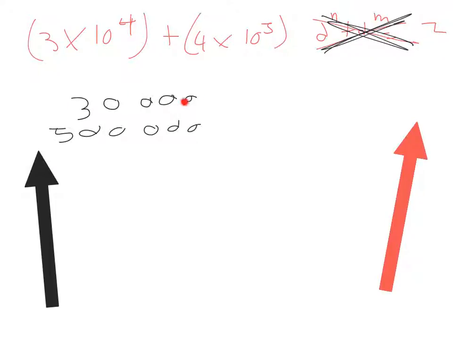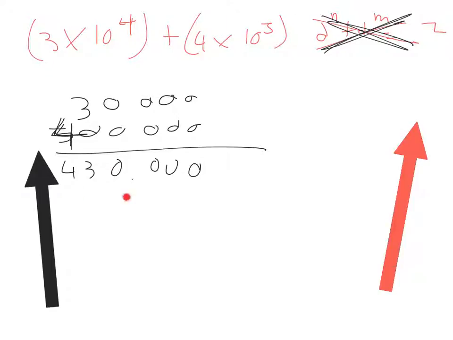To be clear, this one is this number and this one is this number. Now we have to sum these two together: 0 plus 0 is 0, 0, 0, 0, 3 plus 0 is 3, 0 plus 4 is 4. So we get 430,000.